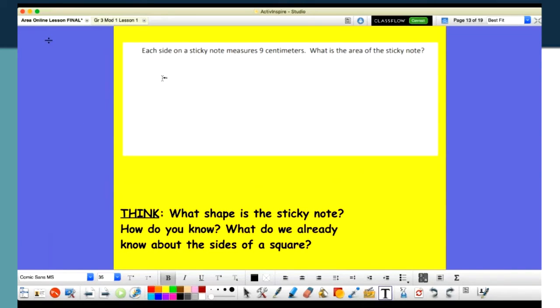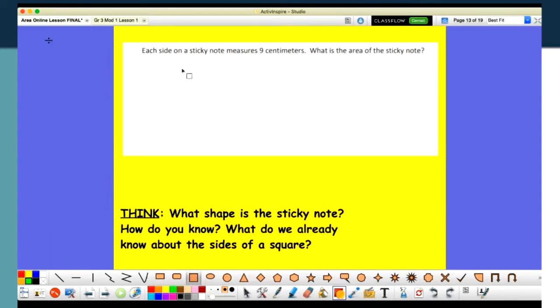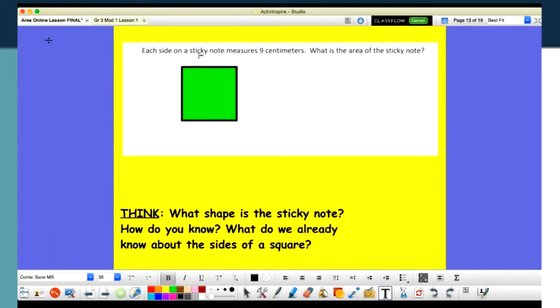All right. So now, if we take a look at this next problem, it says each side on a sticky note measures 9 centimeters. What is the area of a sticky note? Well, thinking about a sticky note, I know that a sticky note is the shape of a square. And I know that on a square, all sides measure the same.